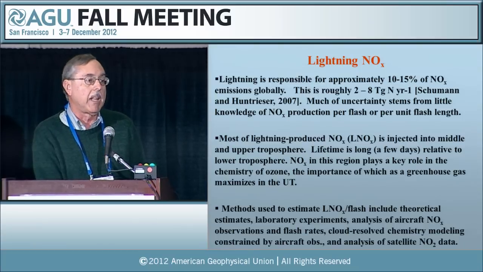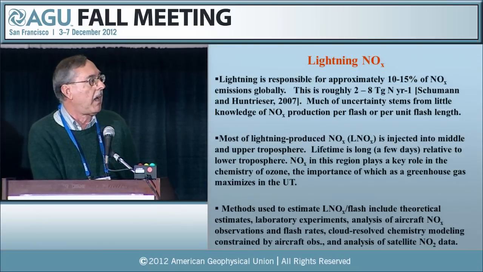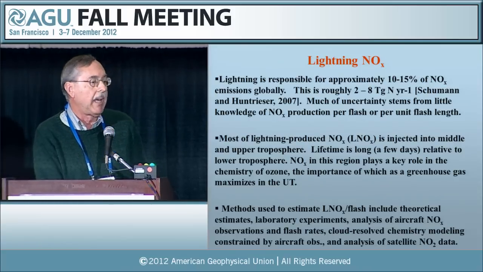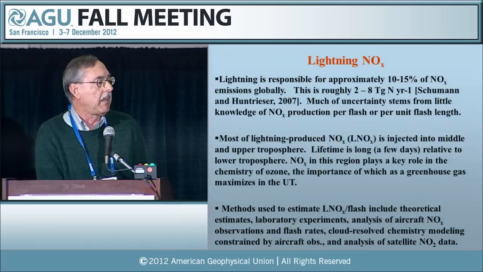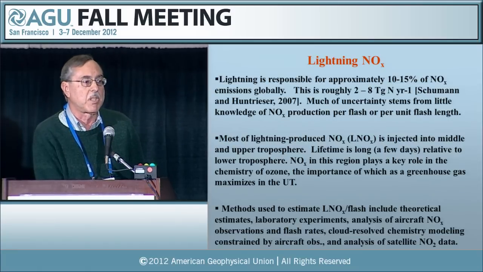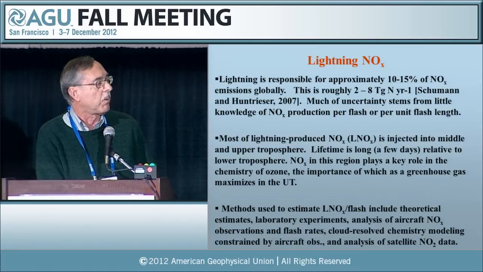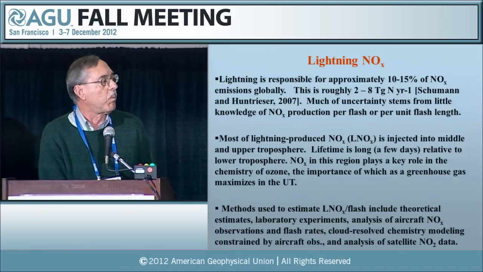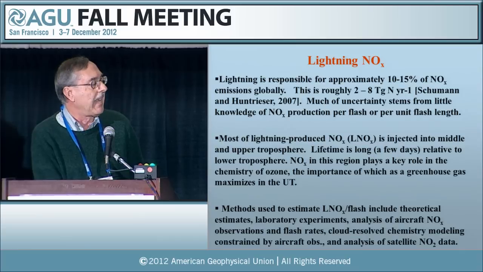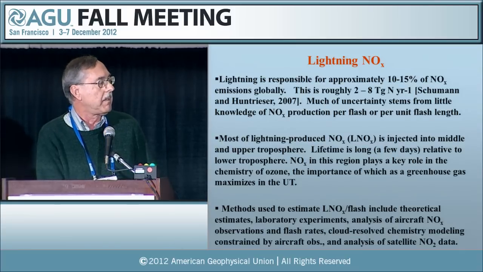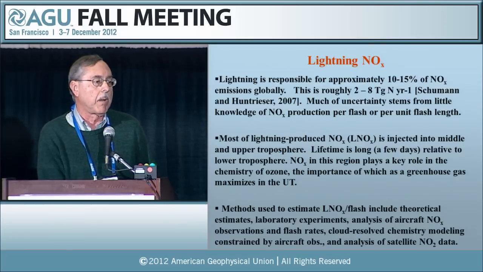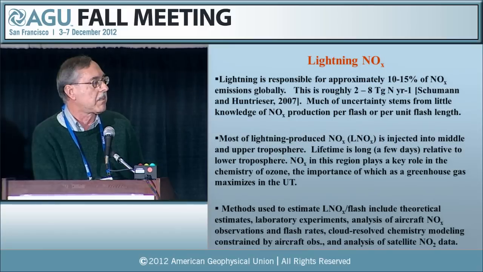Now, there's been a variety of methods used for determining lightning NOx production, and there have been many theoretical estimates made. There have been lab experiments where you generate sparks in a controlled setting. There have been previous experiments where detailed analysis has been conducted of NOx observations from aircraft in comparison with the observed flash rates.